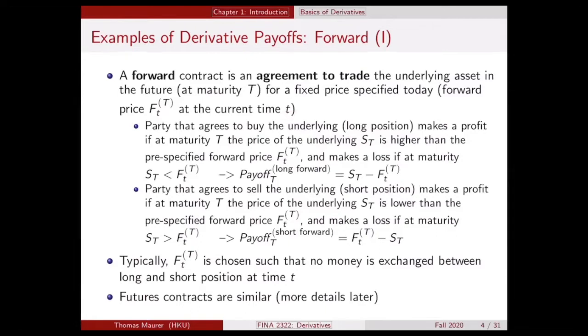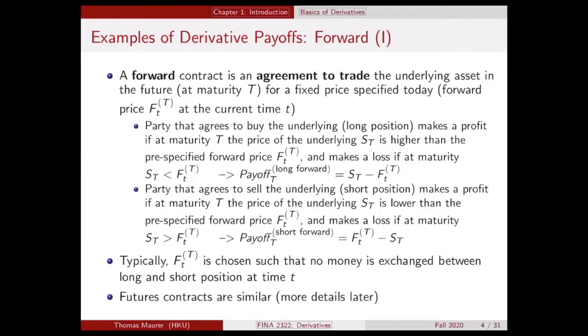The party that agrees to buy the underlying asset, we call the long position in that forward contract, and he makes a profit whenever at maturity capital T the price of the underlying asset, let's denote it by S at time capital T, is higher than the forward price which he has agreed to pay to get that underlying asset.